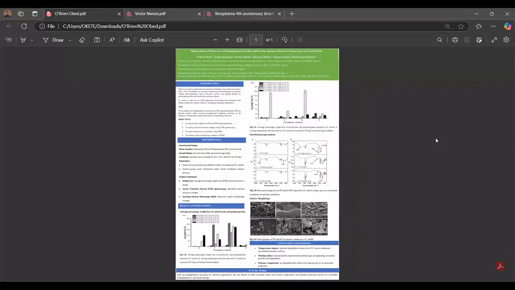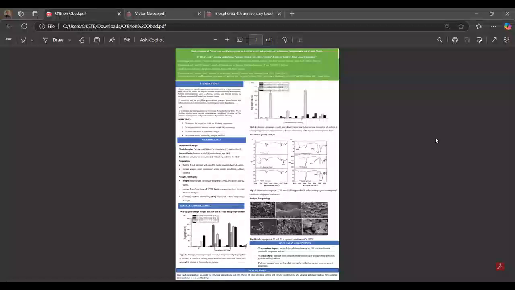So the aim of this work is to investigate the biodegradation of polystyrene and polypropylene by Bacillus subtilis under the influence of varying environmental conditions. We all know plastic waste is a significant environmental challenge. Only about 9% of these plastics are being recycled, while the others accumulate in the environment.